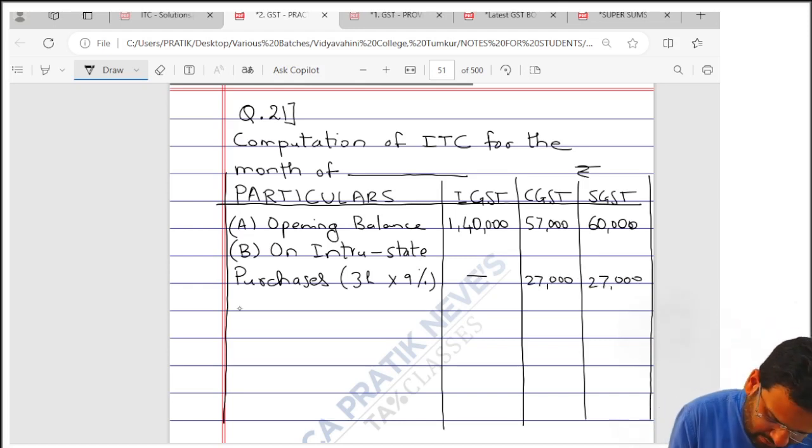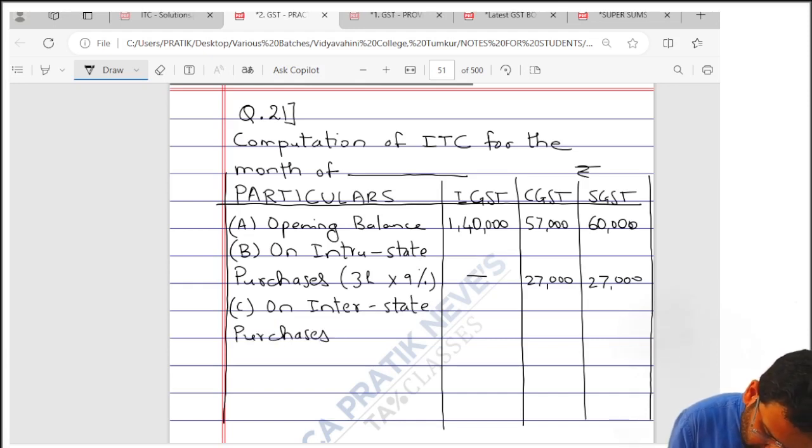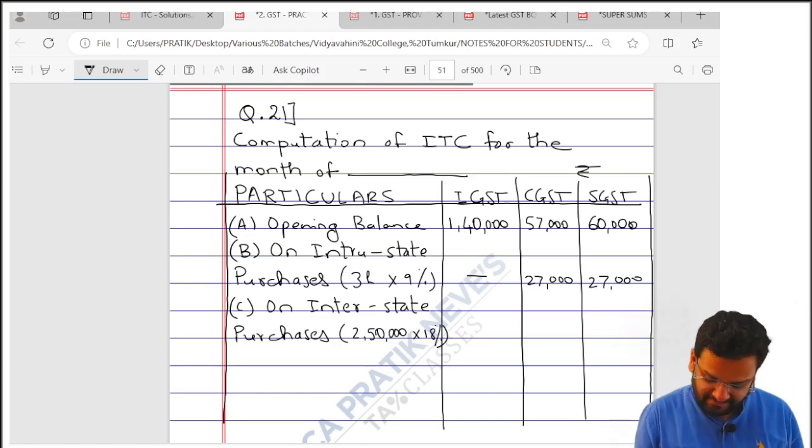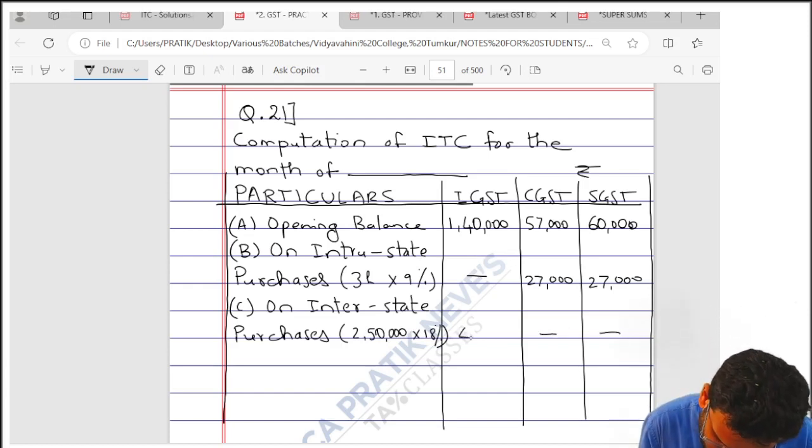Then point C, on interstate purchase of 2 lakh 50,000 into 18% is 45,000.